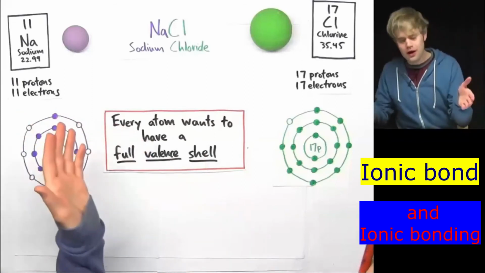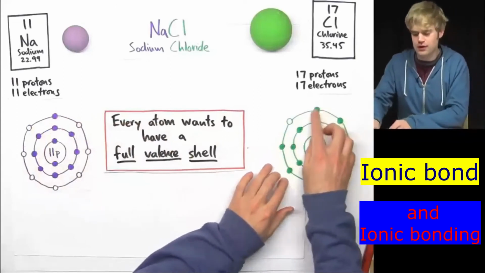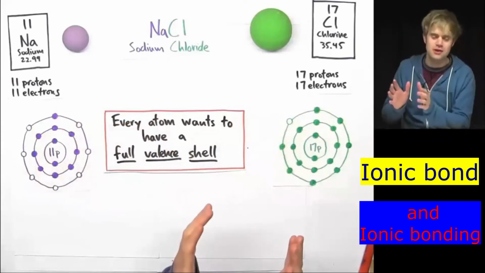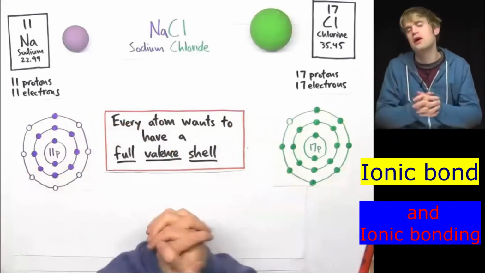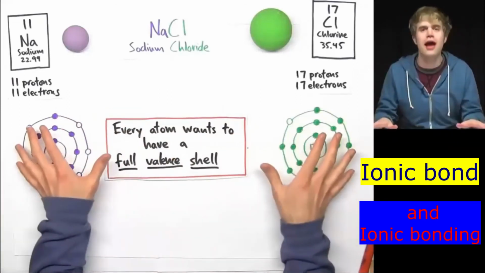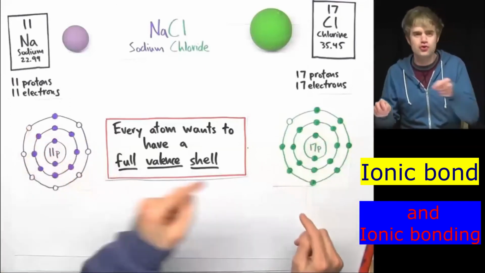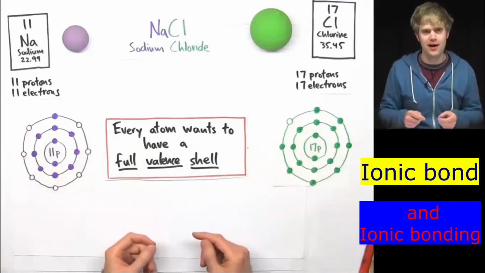Okay, chlorine, on the other hand, is also upset because it's got a mostly full valence shell, but it's got one empty spot. It's so close, but it's still super unhappy because the valence shell isn't full. So sodium and chlorine are both unhappy. They both want to fix their situation. And in trying to fix it, that is how they're going to end up with an ionic bond.